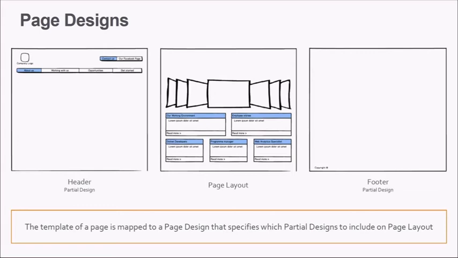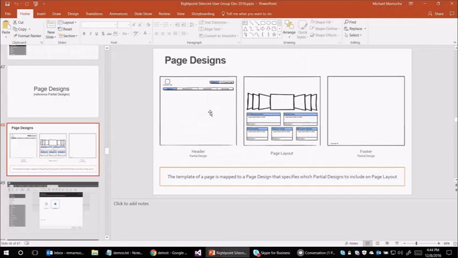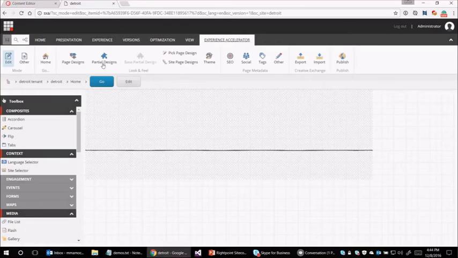And when you're done, your page is going to be assembled of all those things. So if you change your copyright from 2016 to 2017, all you have to update is that one partial design, and it'll be updated across the site. Some pain there? A lot of pain. I hear you.